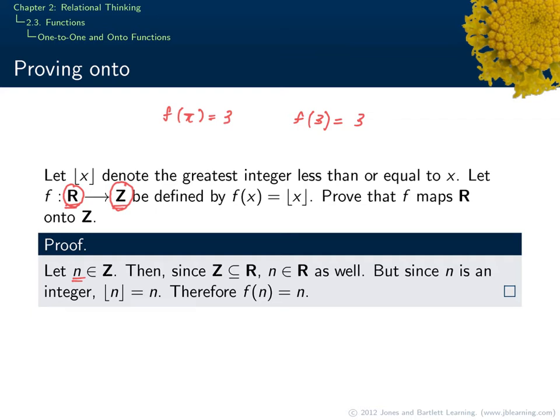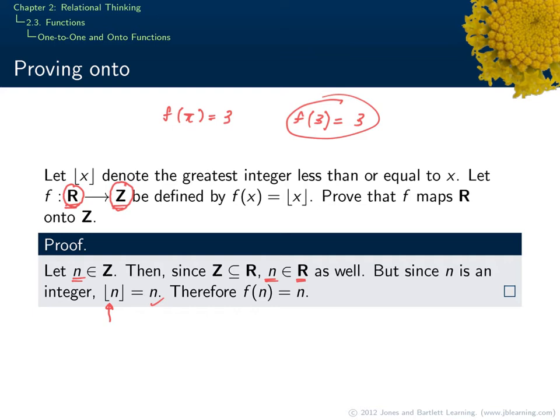Since the integers are in fact real numbers, we know that this element actually is a real number. And when we apply our function to that real number, just like what happened up here, there's no effect. If the input is an integer, then the output will be that same number.